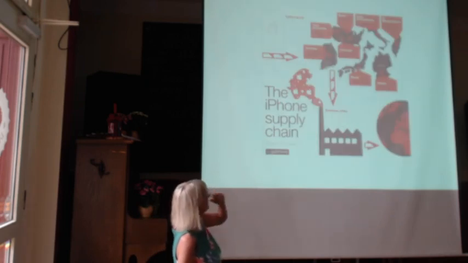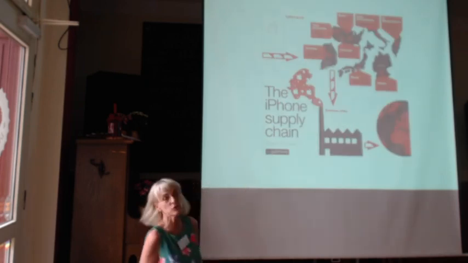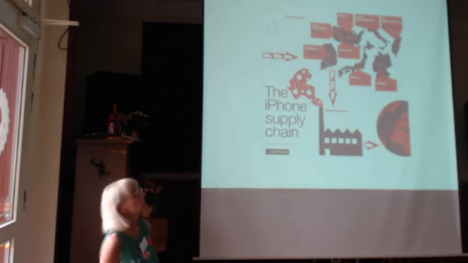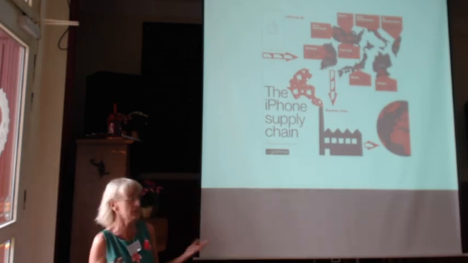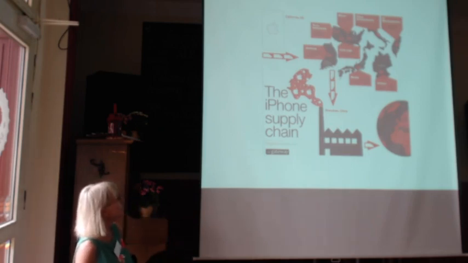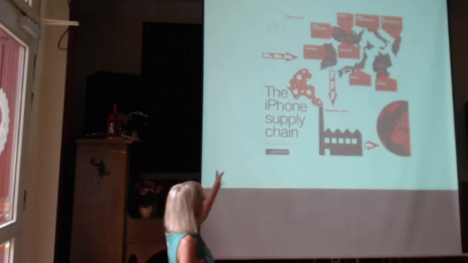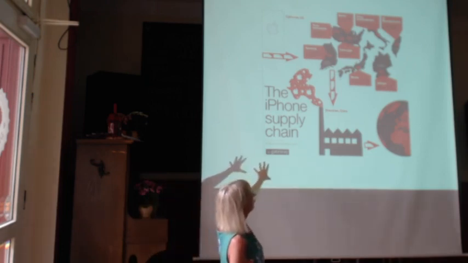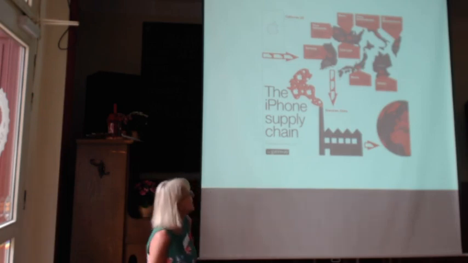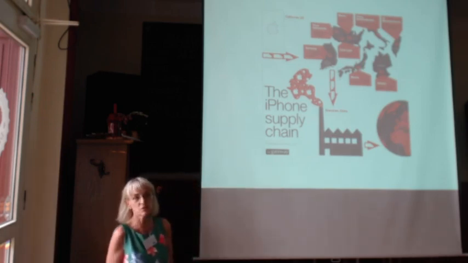For instance, this is one example of the iPhone supply chain. Apple is located in California, and it makes the products that we all use: iPhones, Macs, and so on. We can see that the supply chain is quite global, with different parts coming from different parts of the world. Nothing is actually being done in California.